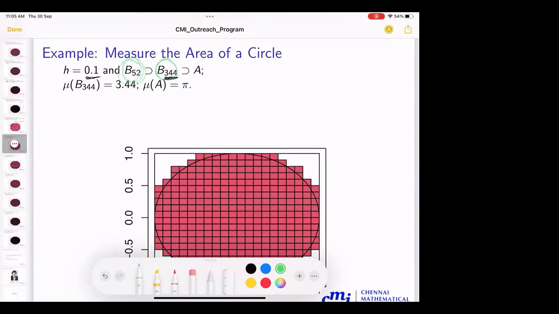Can I say that? Because this geometric shape will be smaller than this geometric shape, and that will still enclose the entire circle A. And as a result, I can say the measure of B344 is 3.44, which is definitely greater than the area of the circle, which is pi. Now we are starting to develop an upper bound for pi.